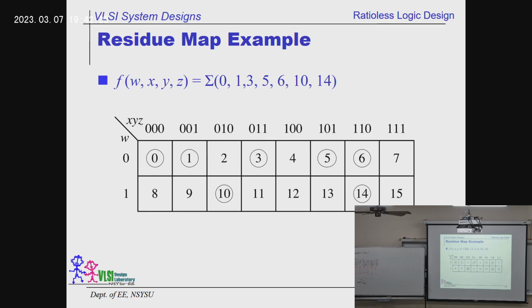This is a very basic idea. Use this as the selection line, this is the input lines. So what's gonna happen? We don't have to bother. We just use a multiplexer. X, Y, Z are going to select 0, 1, 2, 3, 4, 5, 6, 7.